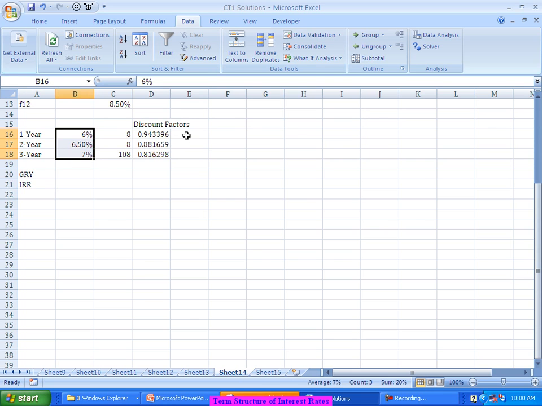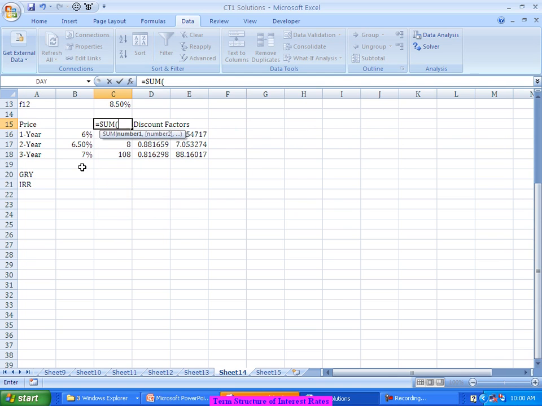Now multiply each of the cash flows with the corresponding discounting factors, which gives me these numbers. Add up all of them, which will give you the price. The price of the bond, which is also called a no arbitrage price, is the summation of all these 3.